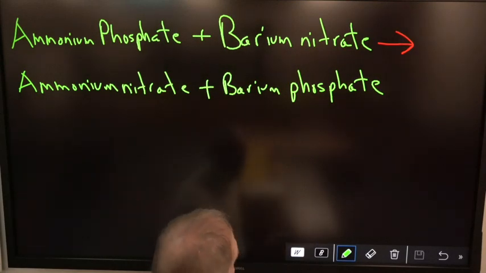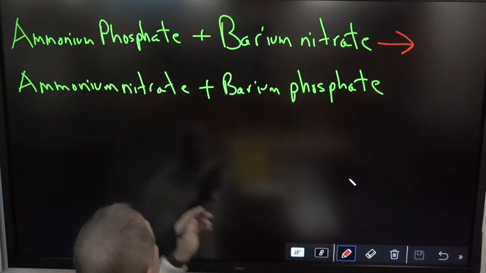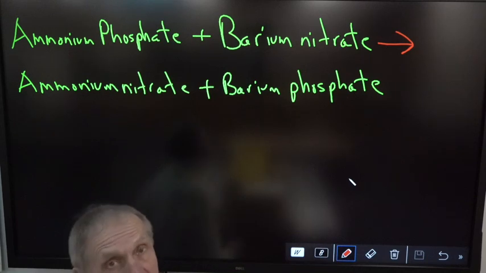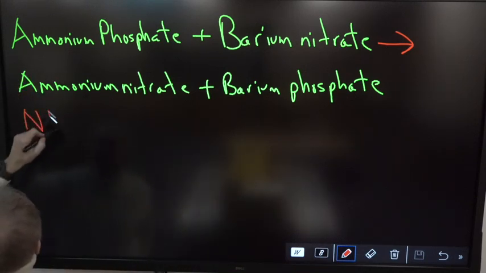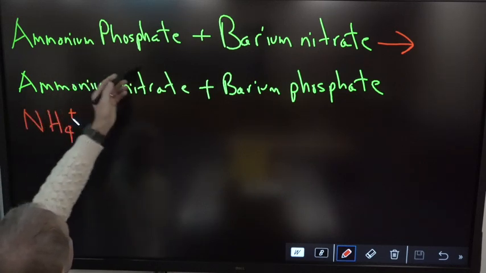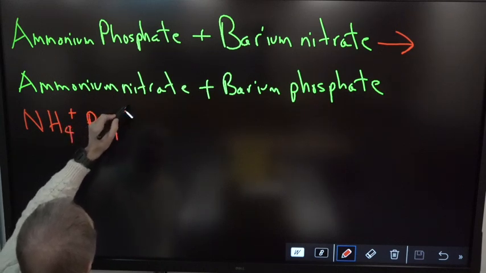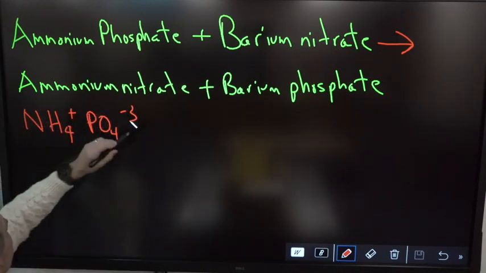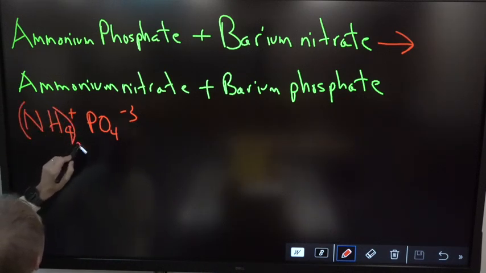So what we're going to do is write down the equation now. So ammonium, NH4 plus, phosphate, PO4 minus 3. So that's plus 1 and a minus 3, so we have to go like this. We're going to put a 3 right there.